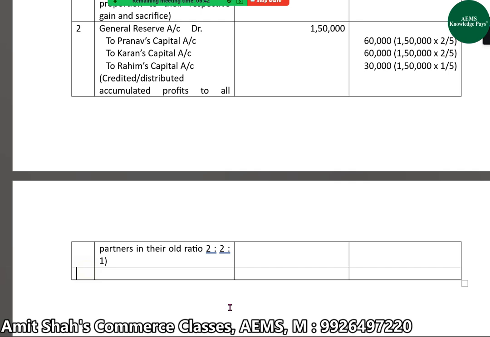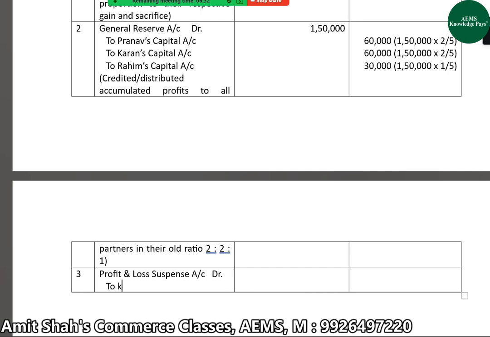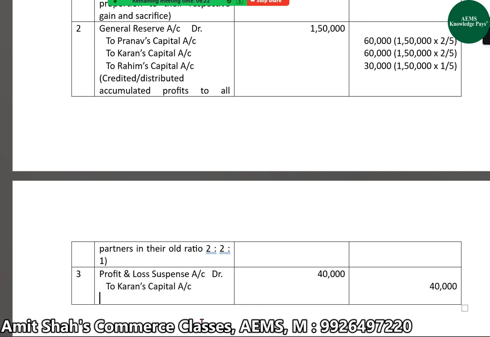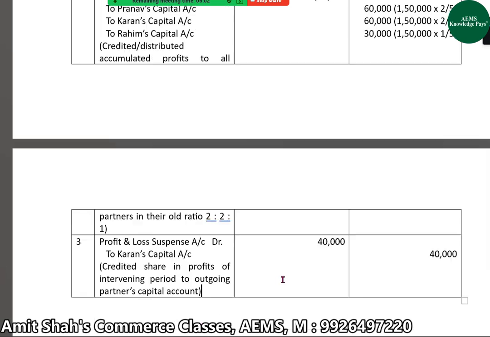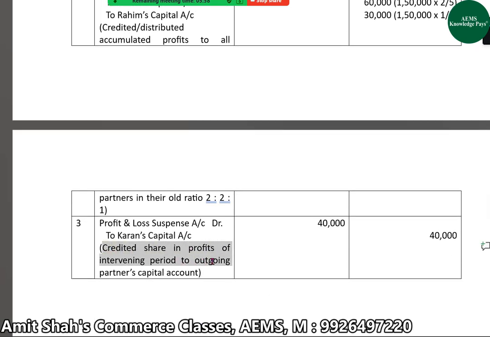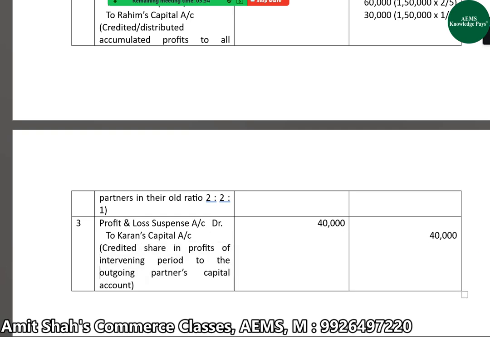And for that, our third entry would be profit and loss suspense account debit to Karan's capital account with 40,000, credited share in profits of intervening period to the outgoing partner's capital account.